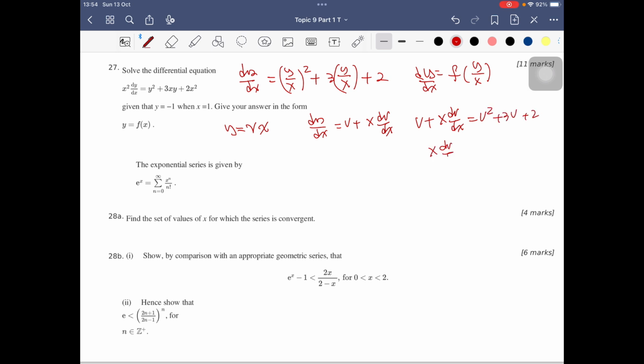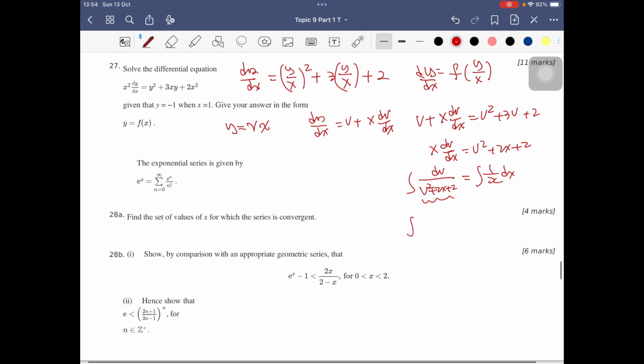So x dv over dx is v squared plus 2v plus 2. So the integral of 1 over v squared plus 2v plus 2 dv equals the integral of 1 over x dx. Here, because we have nothing on the numerator, it is not the substitution form, and it is not factorable, which is not for partial fractions.